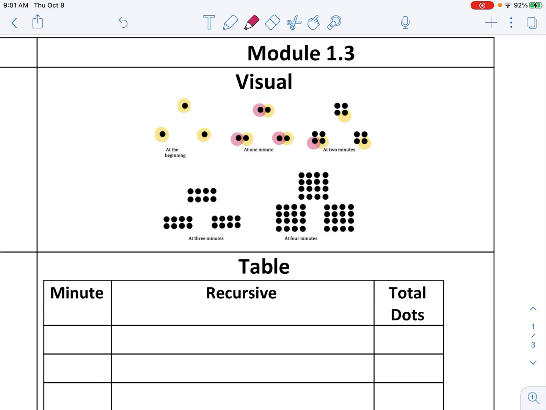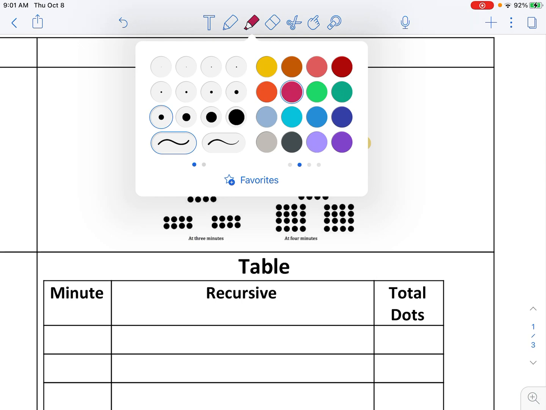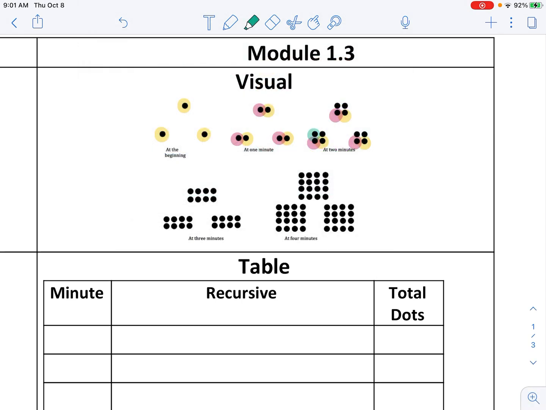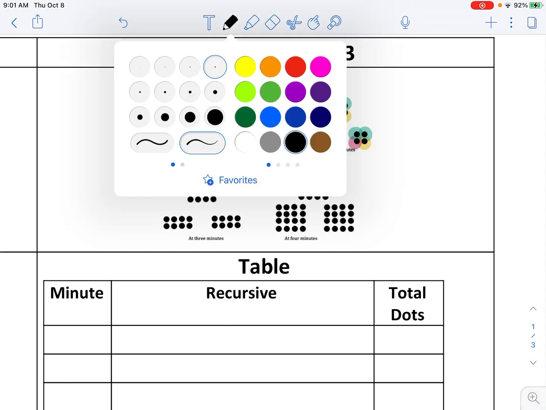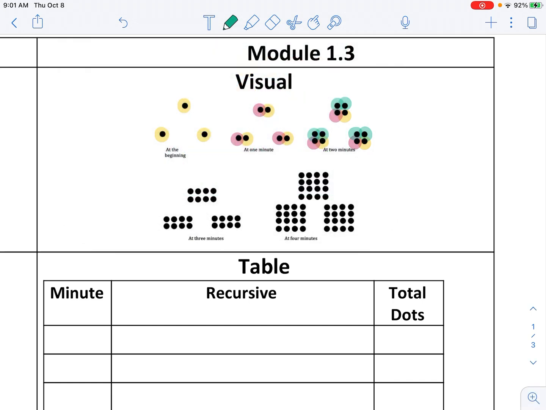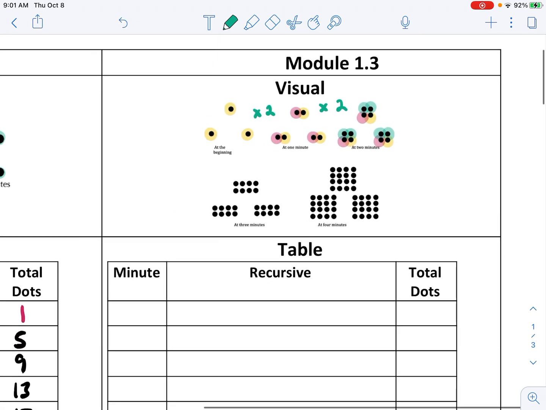And what happens at 2 minutes is we actually have 12 dots. So what we're seeing is a doubling pattern. So from 1 minute, we're multiplying by 2, then multiplying by 2. And that's the growth pattern. So this is an arithmetic sequence, or sorry, geometric sequence.